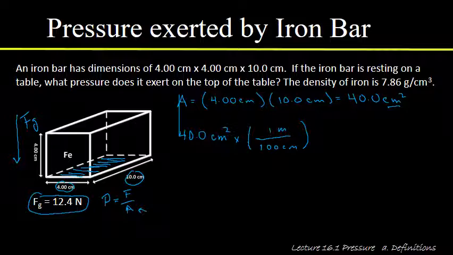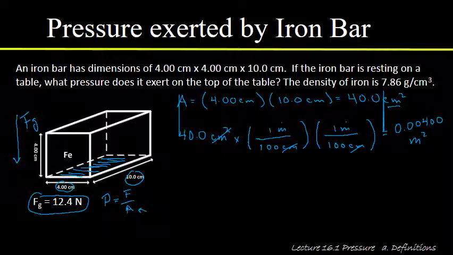So in order to cancel both of those centimeters, we need to do this conversion twice. And so we'll put 1 meter is equal to 100 centimeters twice, and now these 2 instances of centimeters cancel out centimeters squared, and because we have meters in there twice, we get meters squared for our result. And so our answer is 0.00400 meters squared.